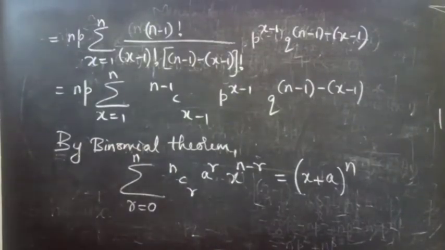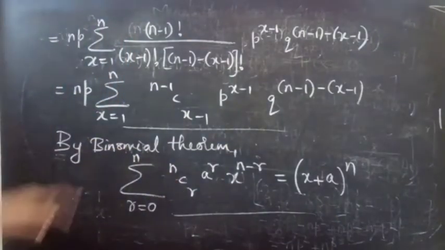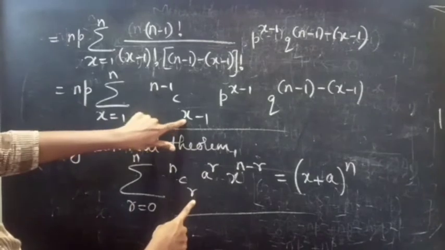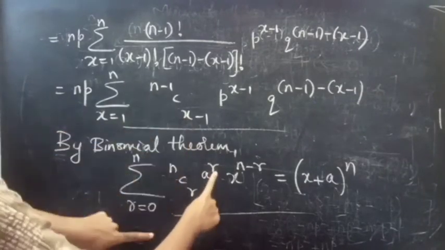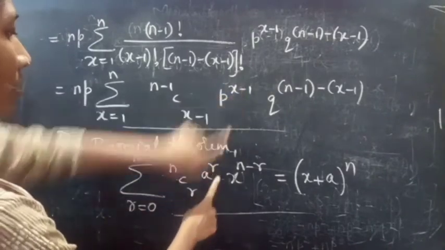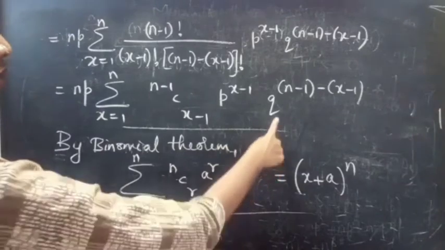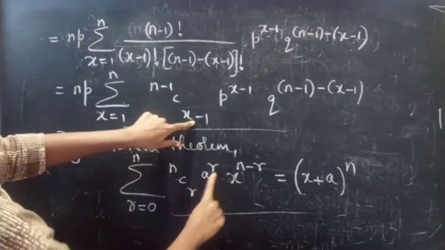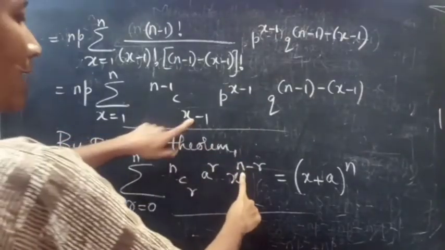Okay, so if you compare these two, you're having n minus 1 in the place of n, x minus 1 in the place of r. Okay, see, here also you are having r. In the place of a, you are having p. In the place of x, you are having q. You can notice, right?